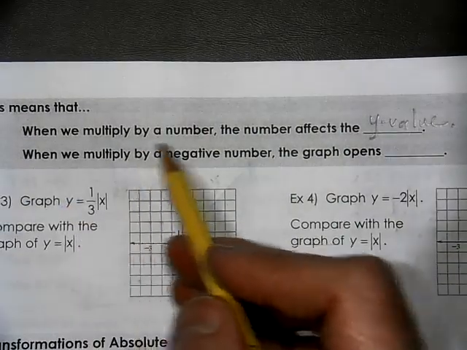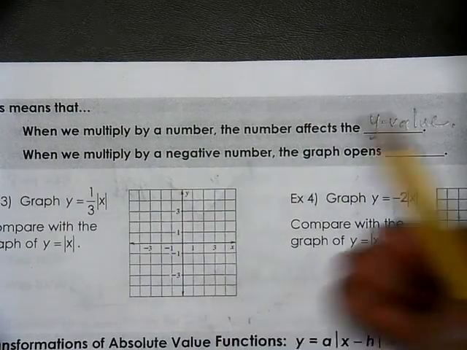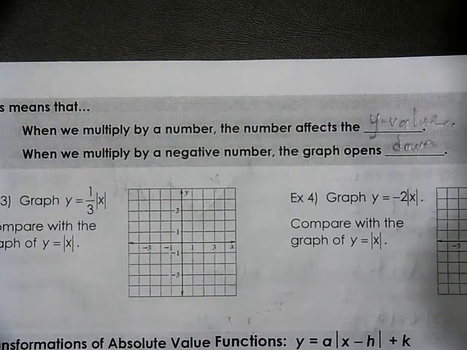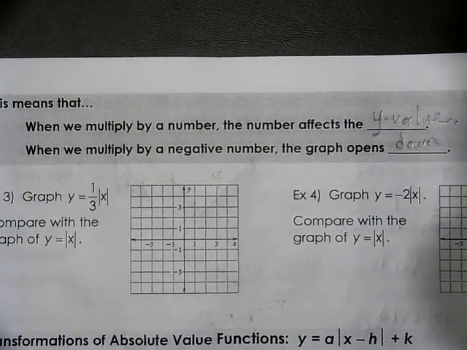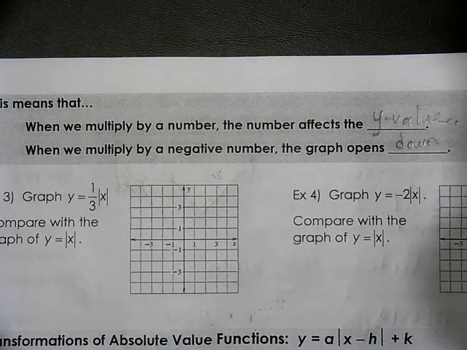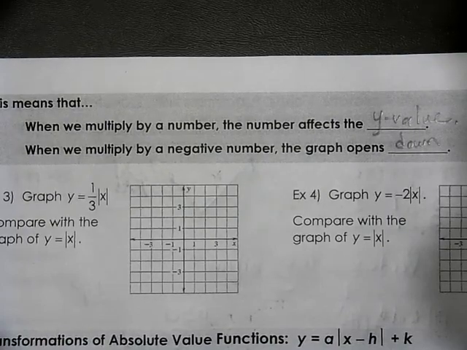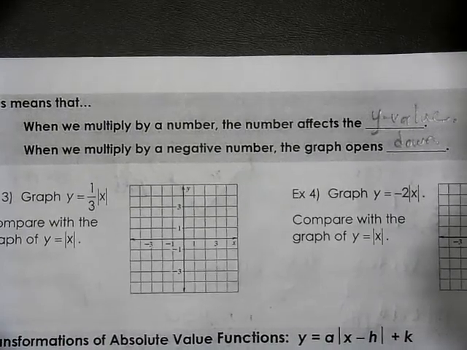When we multiply by a negative, the graph is going to open downwards. When you multiply by a positive, of course, it opens upwards. When you multiply by a negative, it gets reflected over the x-axis. Some like to say reflected in the x-axis. Whatever word you like to use.